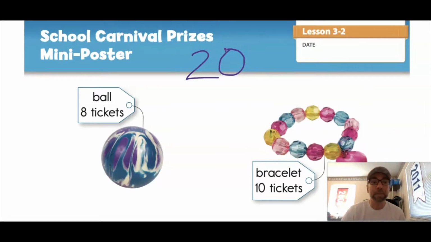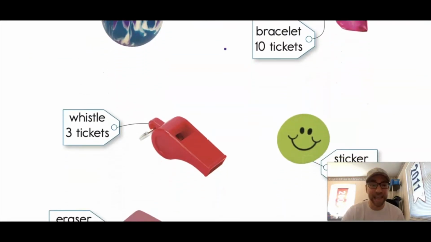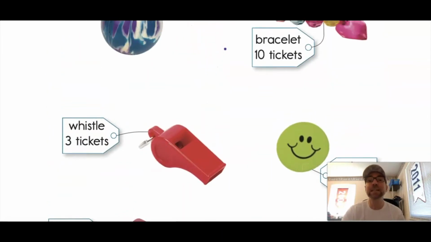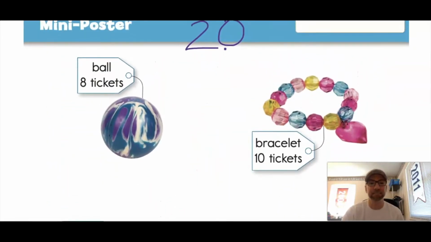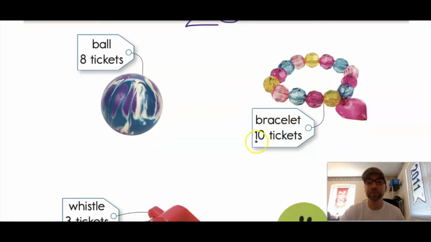All right, on page 20, we see lots of different prizes that you can get at a carnival. Every prize is worth a different amount of tickets. For instance, how many tickets is the ball worth? Well, that bouncy ball is worth 8 tickets. How many tickets is the bracelet worth? Well, the bracelet is worth 10 tickets.